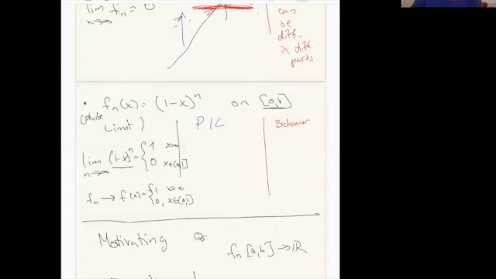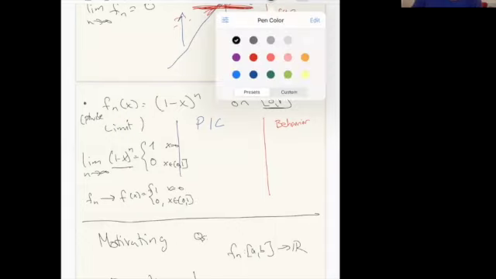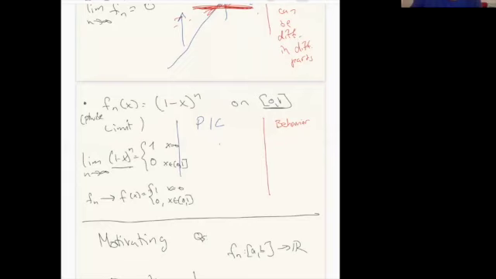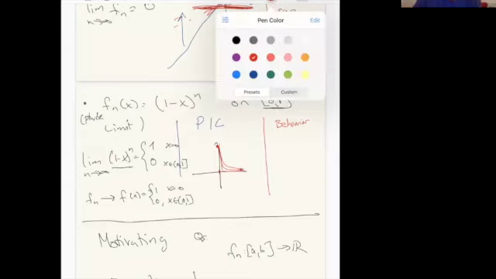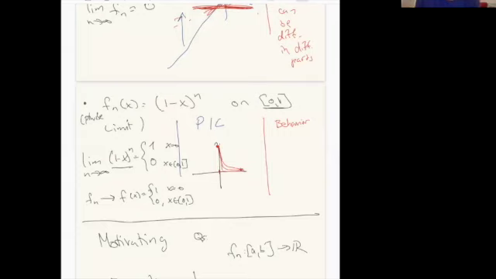So what does this look like? If we draw the graph, well, we are only interested in values between 0 and 1. So these functions, they're always 1 at 0, but what are they really doing? They're converging mostly to 0, except at that point. And in the limit, you converge to this blue graph.